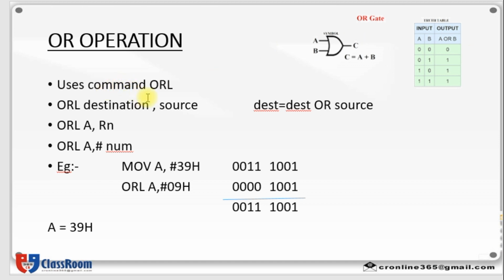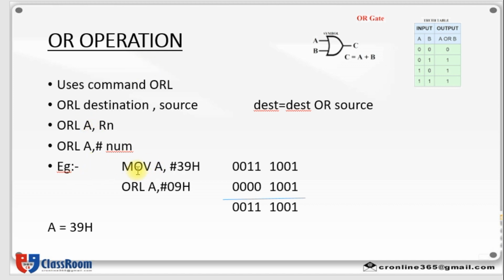OR uses the instruction command ORL. ORL destination comma source. That means destination is equal to destination ORed with source. This OR operation can also be performed in 4 addressing modes, as in AND operation.